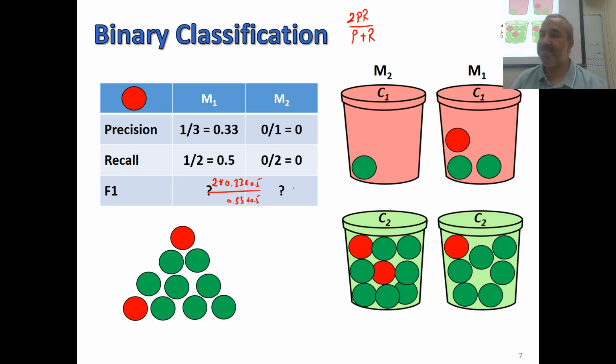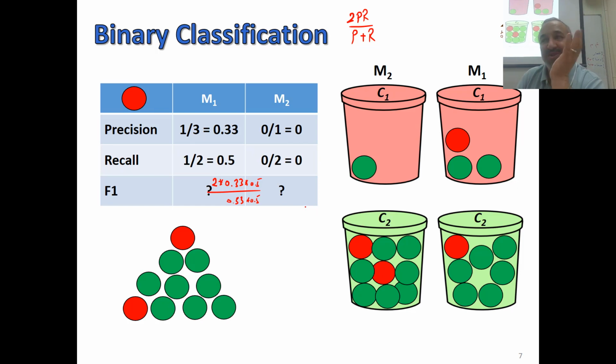How about this one? Calculate it, please. 0 over 0, not 0. 0 over 0 is not 0, but we actually consider it 0. So you are right, but you are wrong at the same time. This is a very special case when both precision and recall are 0.